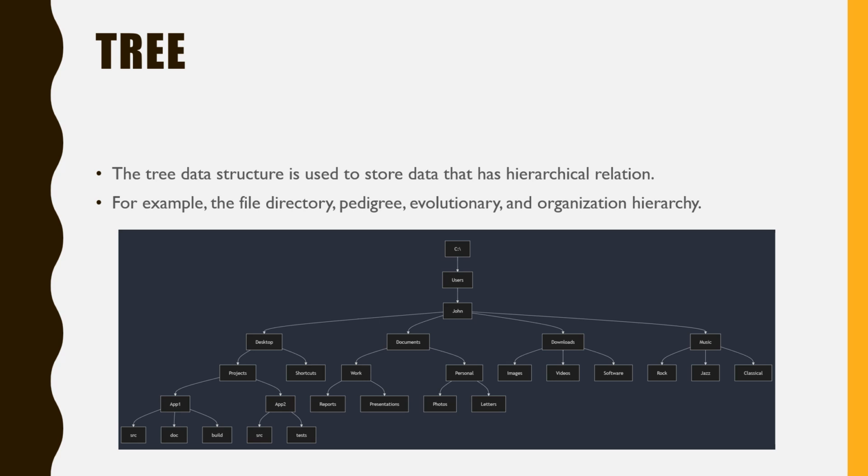The figure below illustrates a typical Windows directory structure. For example, under the root directory, C disk, there is a subfolder called users. Within the directory C, users, John, there are several subfolders, such as desktop, documents, downloads, and music.